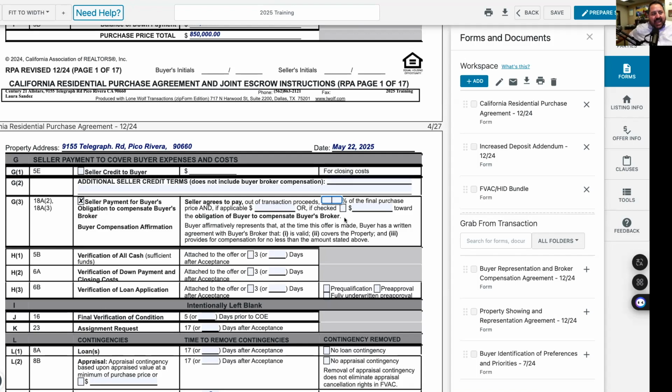So if the seller now pays out the compensation and for whatever reason finds out that there was no agreement in place that matched all of those terms, the seller could go after your buyer to pay them back for the difference in the compensation or for all of the compensation.